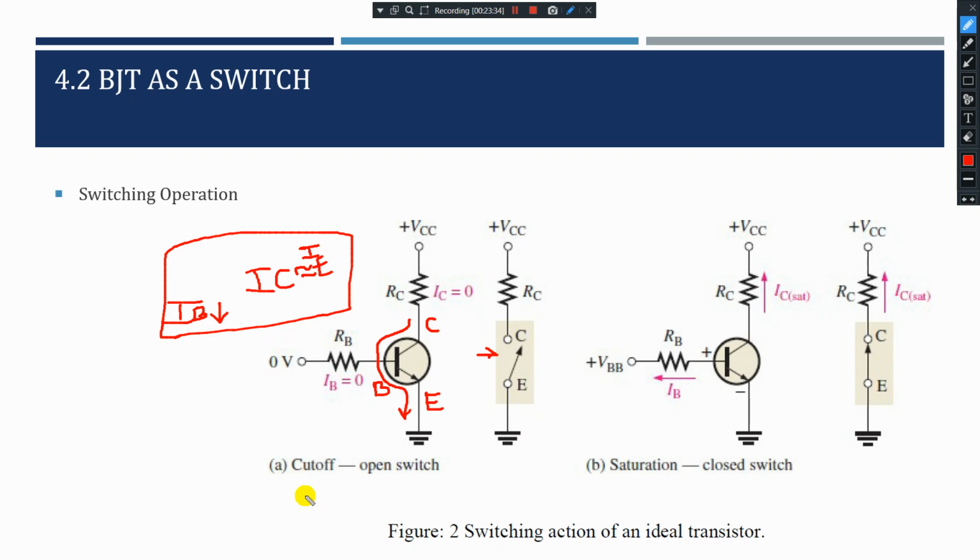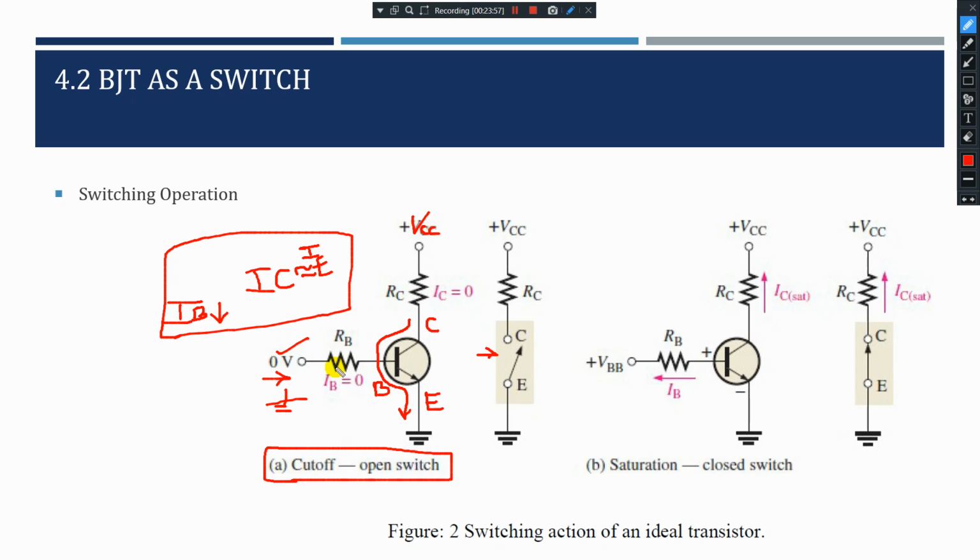As we can see here, when it is in cutoff or open switch, the input voltage, if you observe here, is 0 volts. That's nothing but ground. Next, the collector voltage is your VCC, which flows through RC.